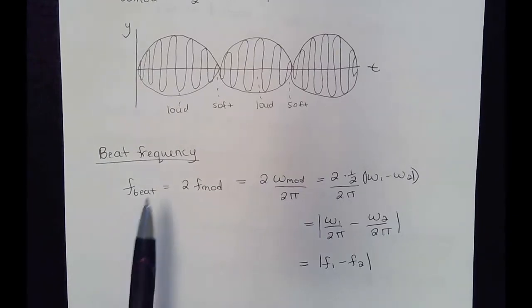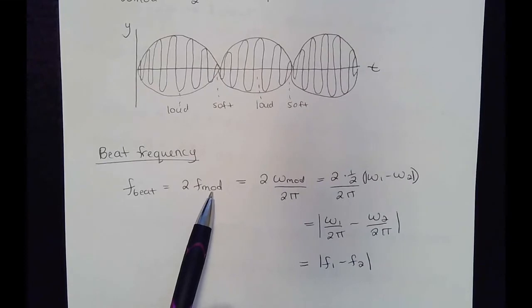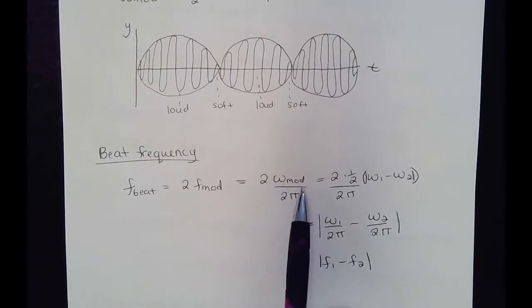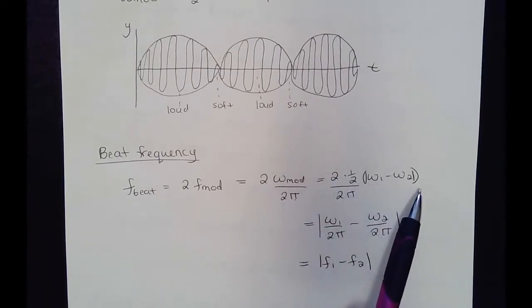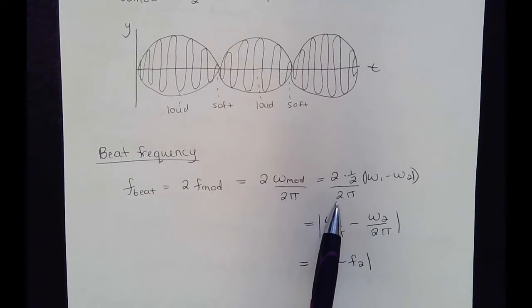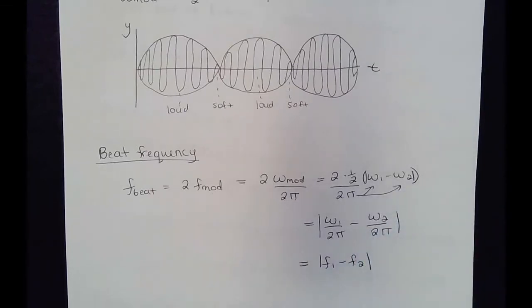And if we want to find the beat frequency, then we need twice the modulation frequency. And before we had the angular frequency, so we can plug in omega over 2 pi. And so that's 2 times 1/2 |omega 1 minus omega 2| over 2 pi. And this 2 and the 1/2 will cancel, and then I want to move that 2 pi to each term so that we can replace omega over 2 pi with the frequency.